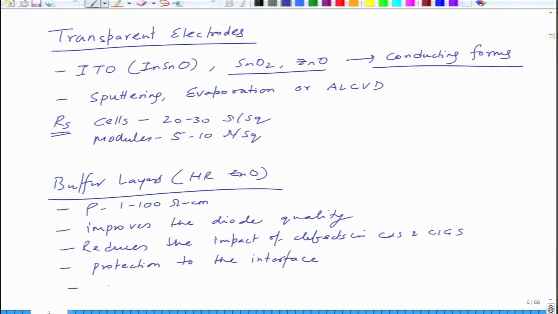And it increases the shunt resistance and hence reduces the leakage. So, these are some attributes of the high resistance zinc oxide layer that we use in these devices.